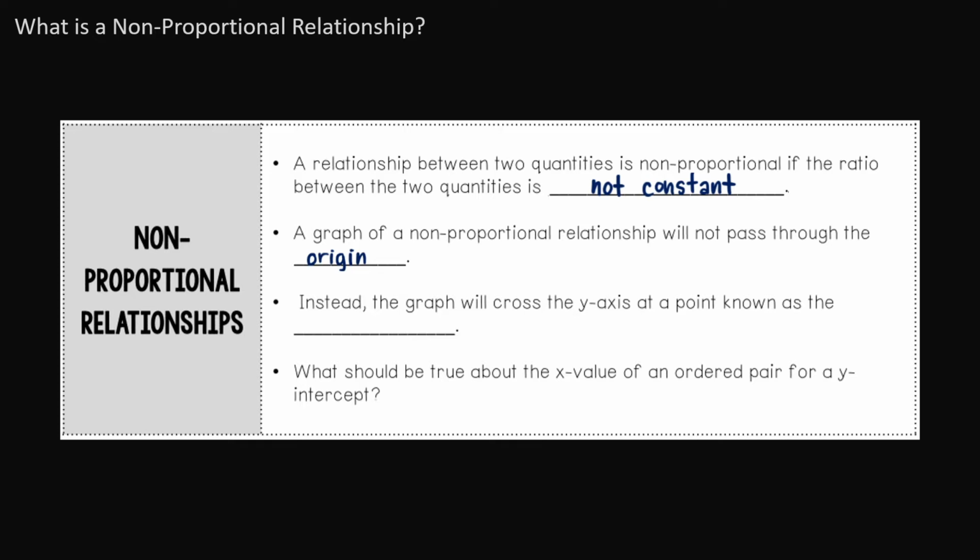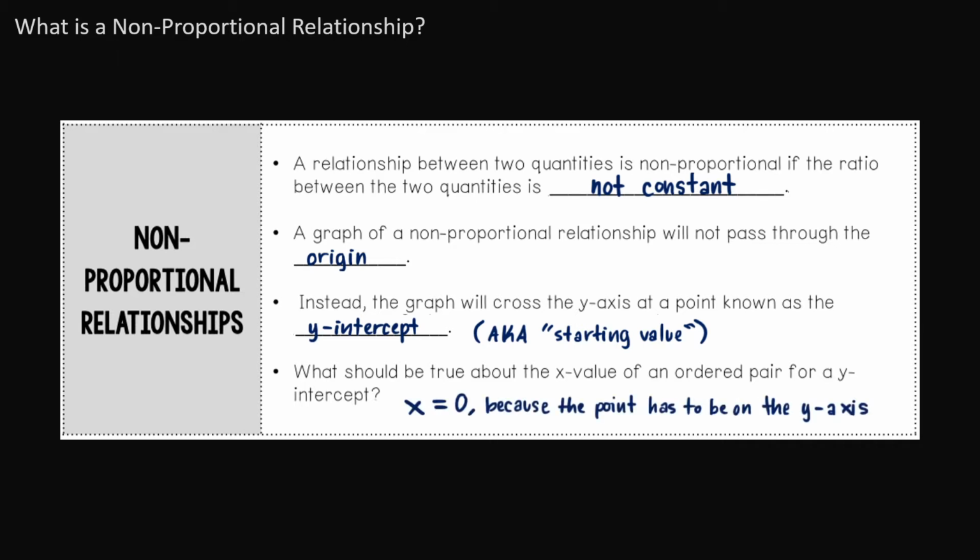Instead, the graph will cross the y-axis at a point known as the y-intercept. You might also hear me refer to this as our starting value or our initial value. And there's one thing that should be true about the x value of an ordered pair for a y-intercept, and that's that x equals 0 because the point has to be on the y-axis.